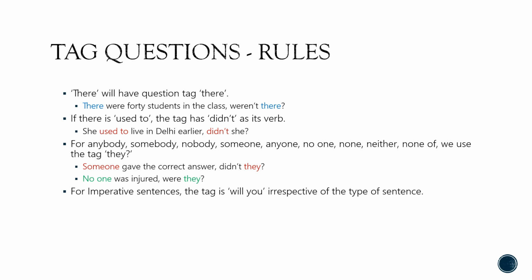If you are using a simple imperative sentence, then will you would suffice. But if it is something urgent, like you need to tell someone something and then rush off to something else, then use the tag won't you, as in make yourself comfortable, won't you?